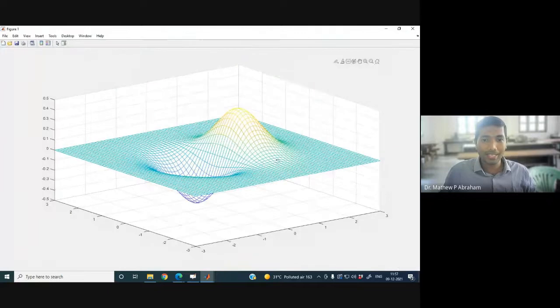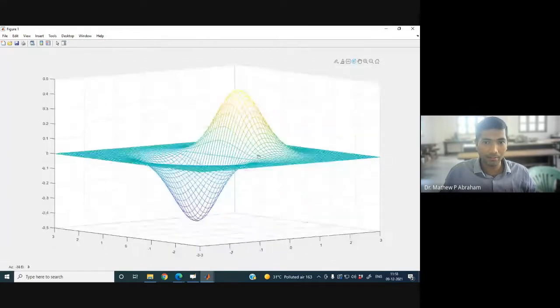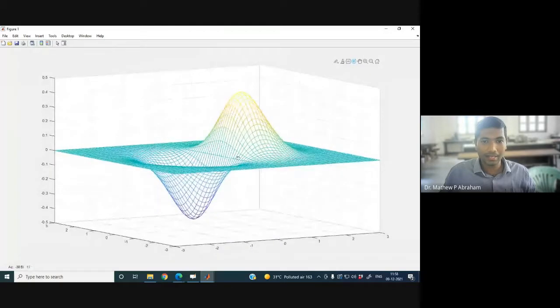Okay, so you can see that this is the function that we have defined. You can see that the first derivative condition will be satisfied at least at 2 points.